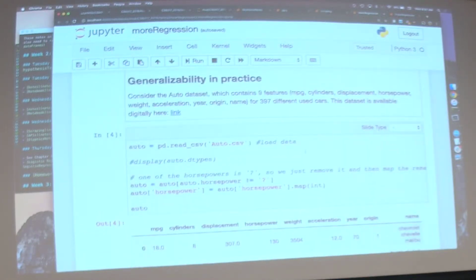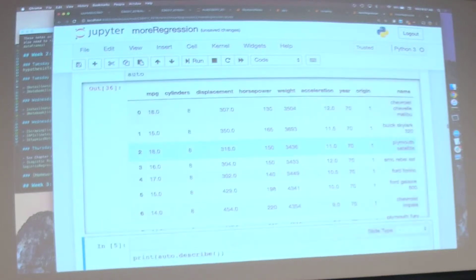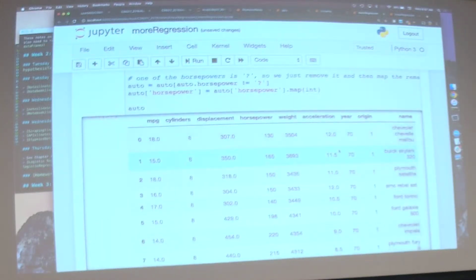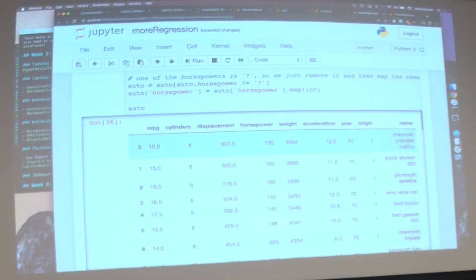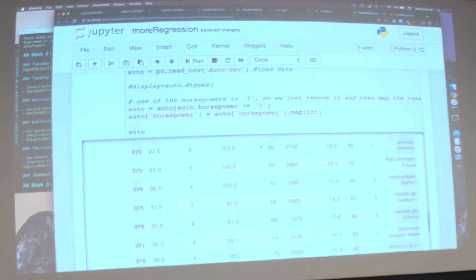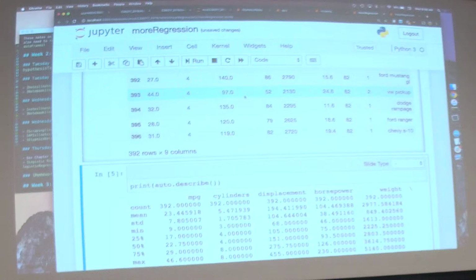Okay. So we'll take a look at another data set. This is a bunch of information about cars. We got the name, the year, miles per gallon, other stuff like that. Pretty big list. Pretty old stuff.